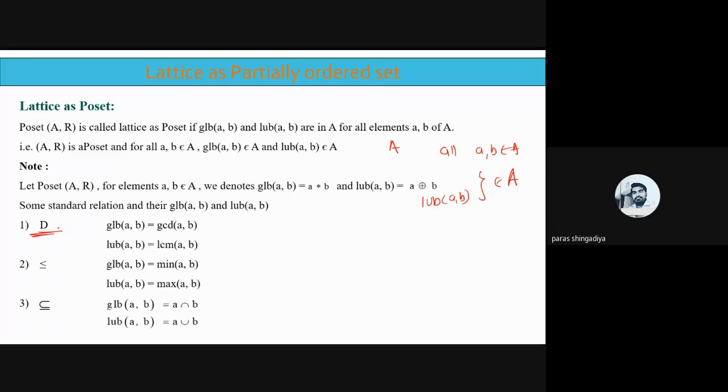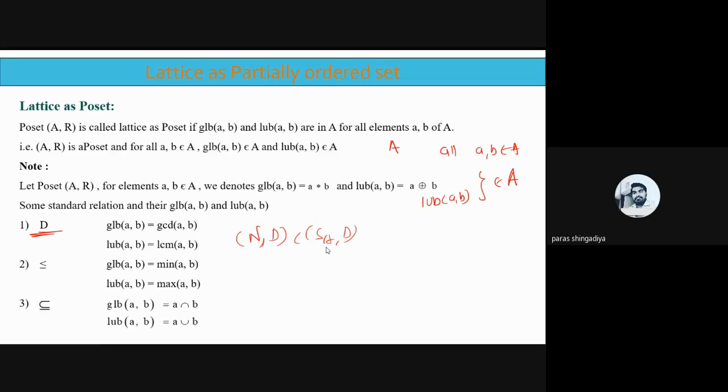The divide relation: (N, divides), (S18, divides), (S12, divides), any set given with the divide relation, where we have to check whether the lattice is a poset or not. So for this case, GLB is identified by GCD and LUB by LCM.